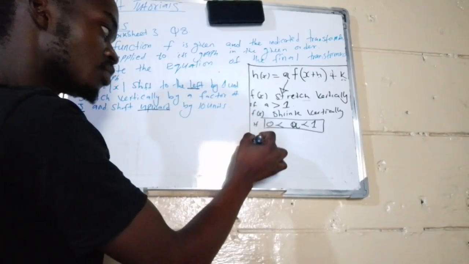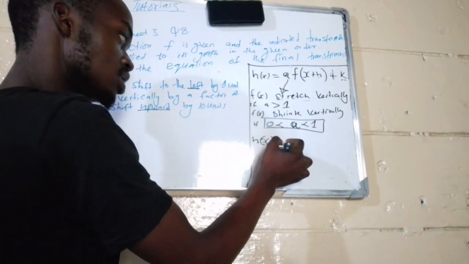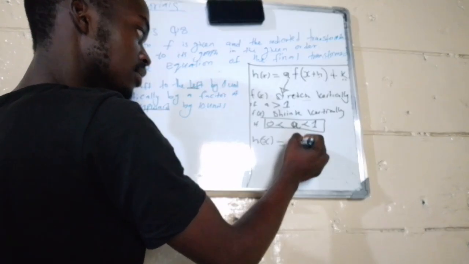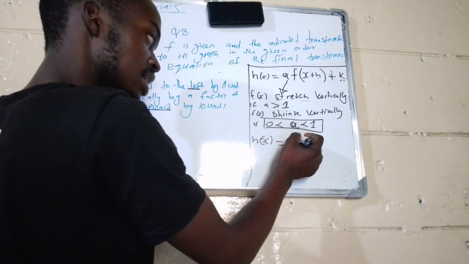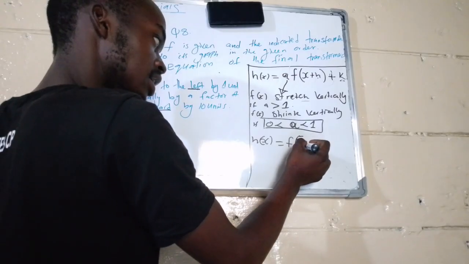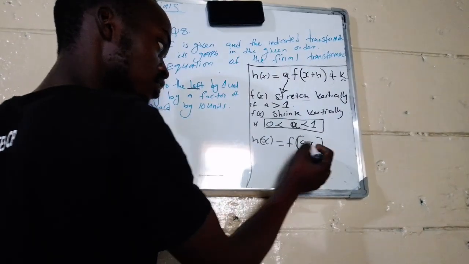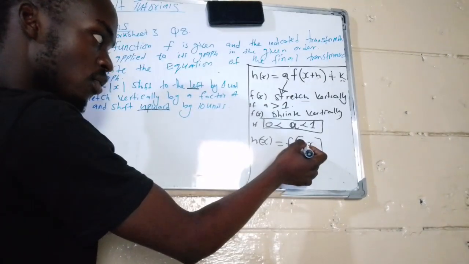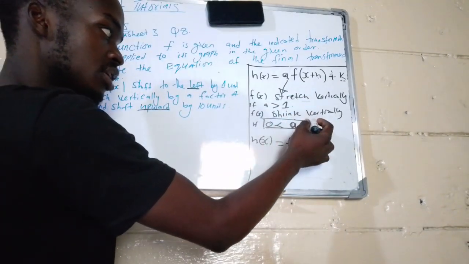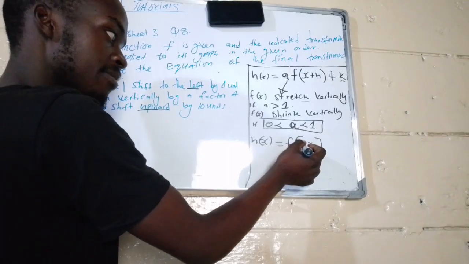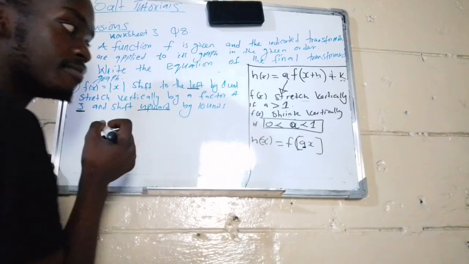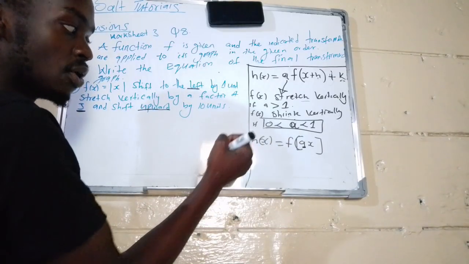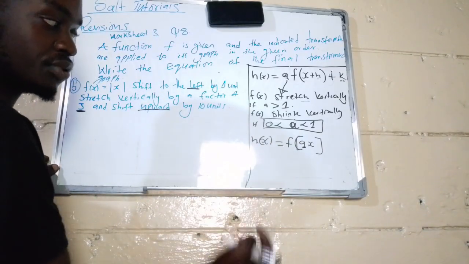This is a situation where we have h of x equals, let's say, f of a x, the constant is multiplying inside the function. So if the constant is multiplying inside the function, this a will no longer be a vertical stretch or a vertical shrink, but this time around this a can be making the function f of x stretch horizontally or shrink horizontally.